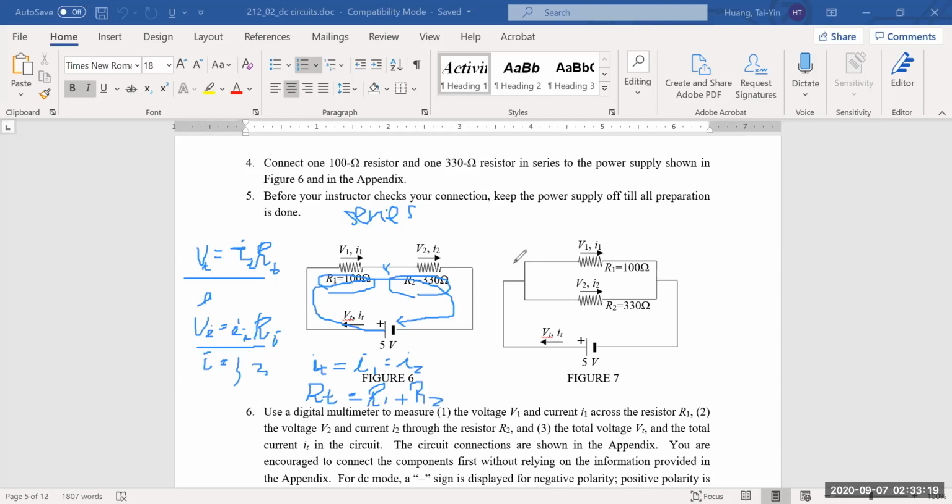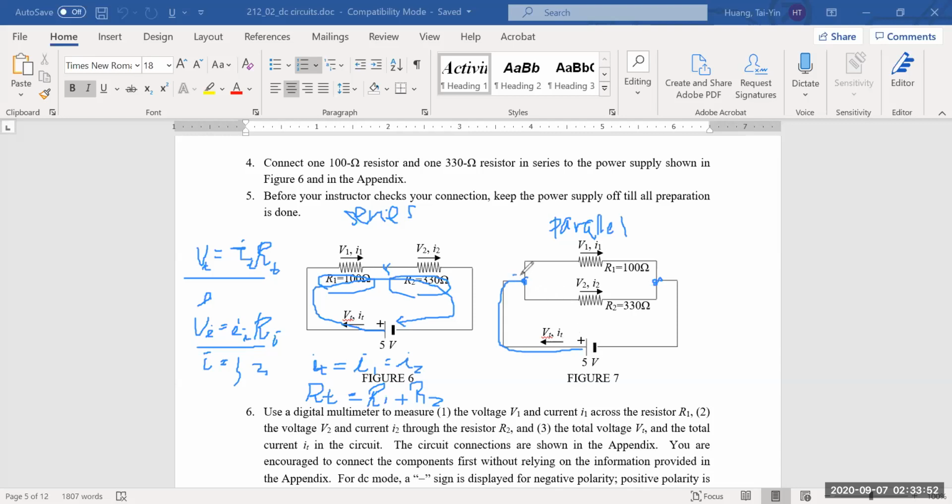Now, when you have a parallel circuit, connected like this, there are now 2 points connecting these 2 resistors instead of 1. This is your R1, this is your R2. You're still providing a 5 volt supply to this circuit, and the current coming out of this battery is your I total, and this is your V total.